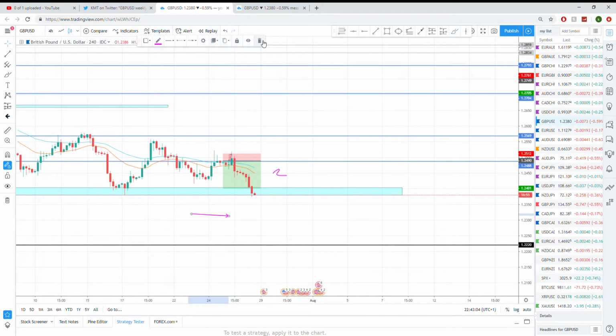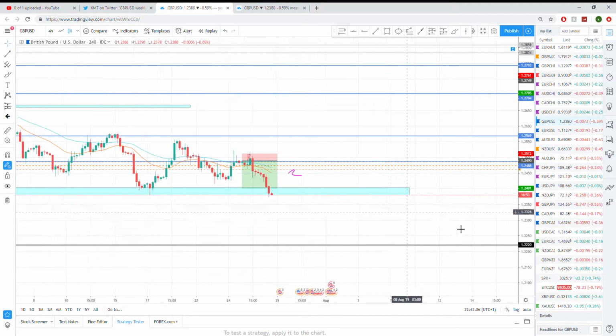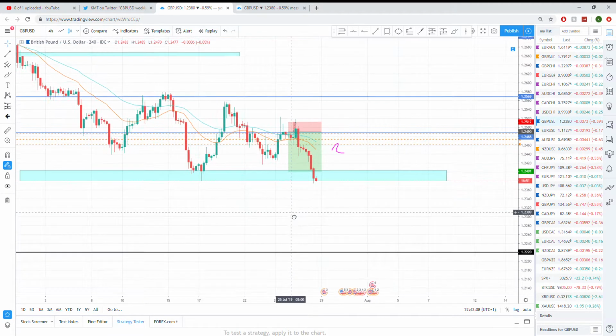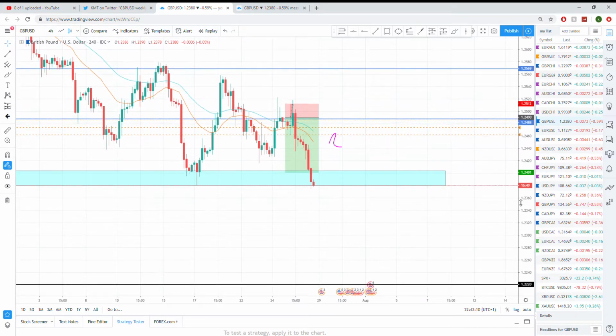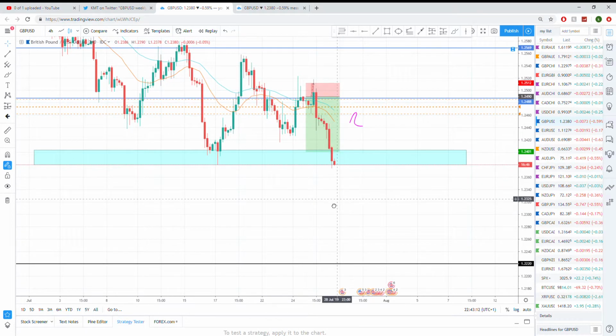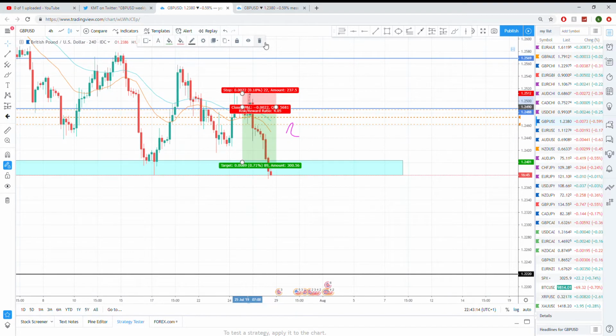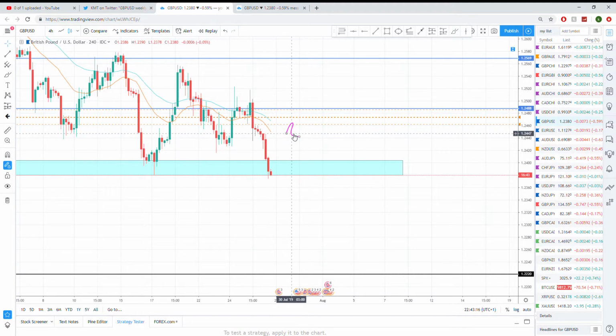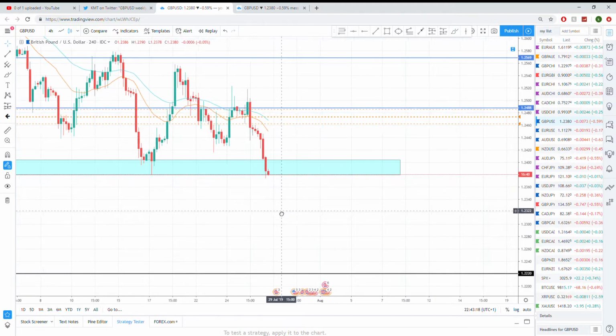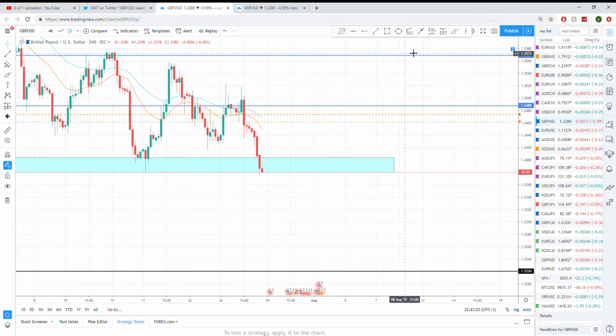If we know that that is the case with the bias, then what we have to do now is find entry points for another shorting opportunity, another position for us to sell. In our zone here, we've covered this area.